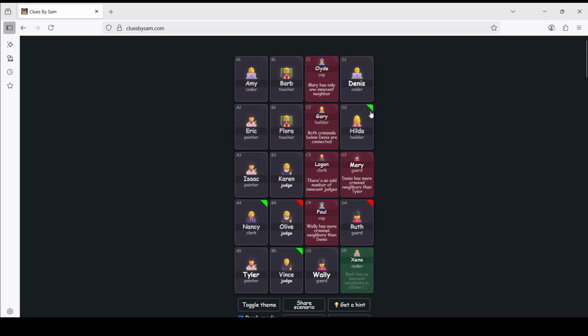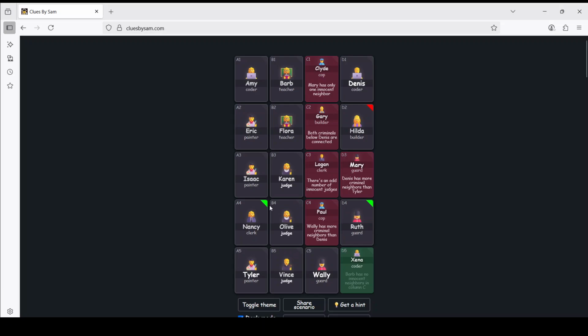If we walk through this and say that Hilda is guilty and Ruth is innocent, that would mean that for Wally to have 4 criminal neighbors, he would not be able to have enough criminal neighbors to outnumber Dennis, even with both Olive and Vince being guilty.